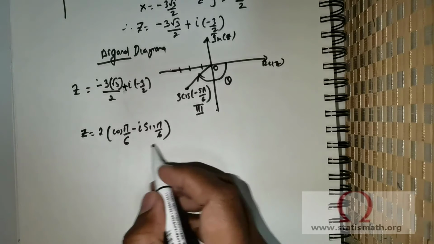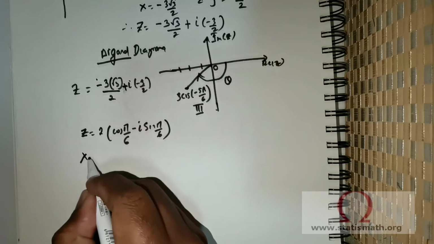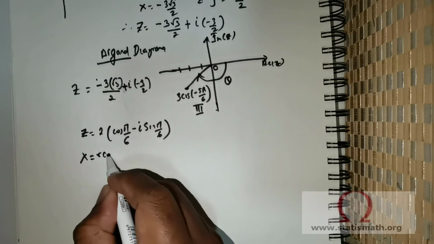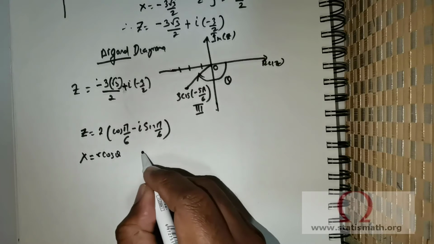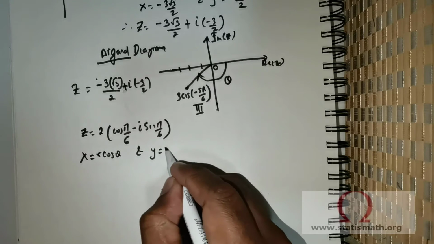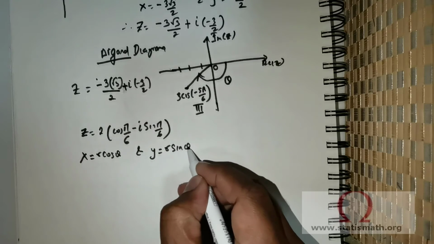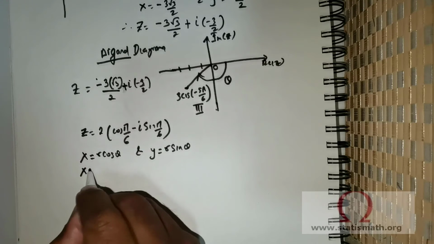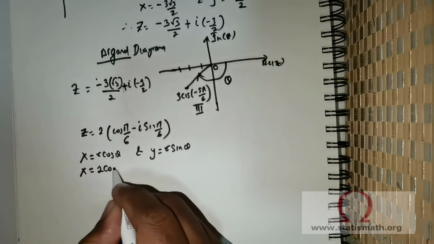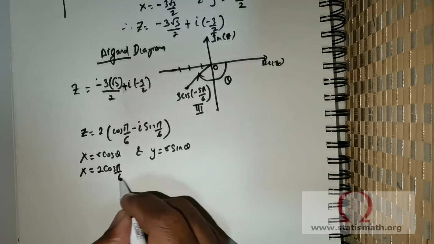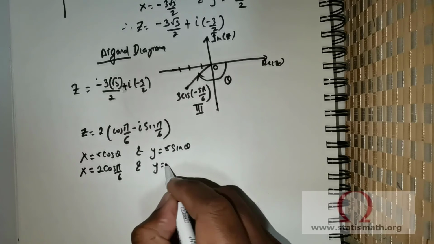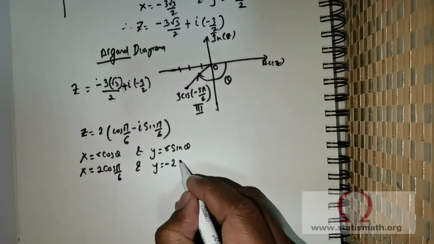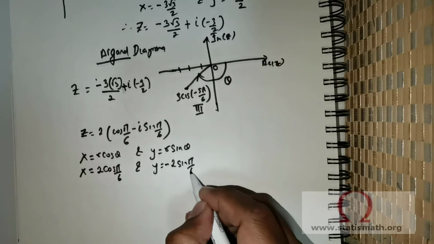Students, let us represent this complex number. As usual, I would be taking x to be r times cos theta and y to be r times sin theta. So clearly x is equal to 2 times cos pi over 6 and y is equal to negative 2 times sin pi over 6.